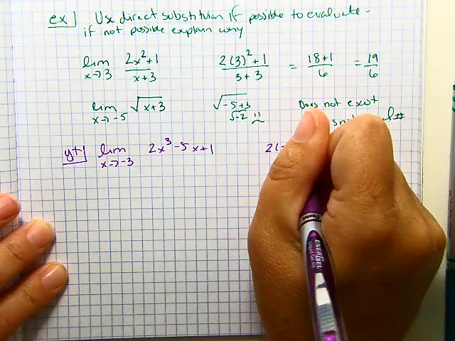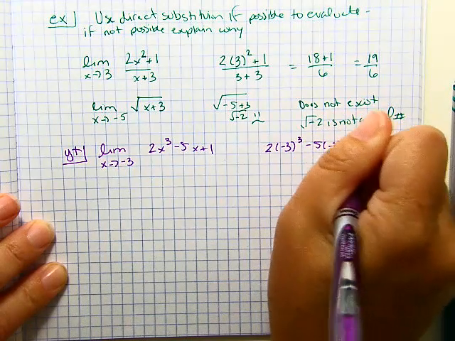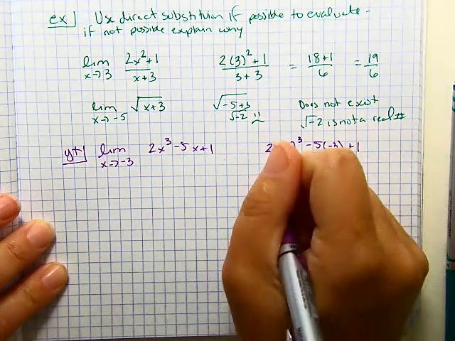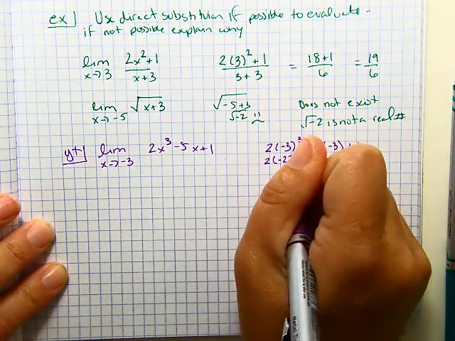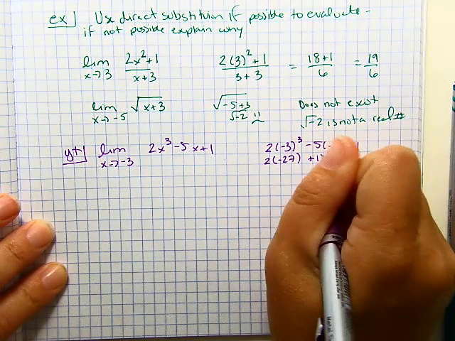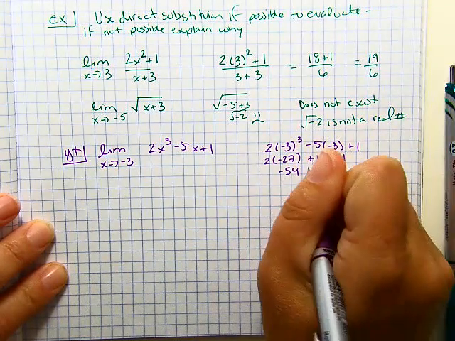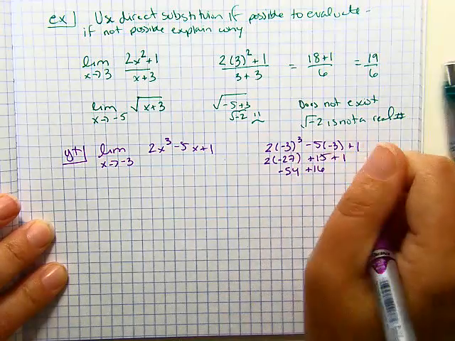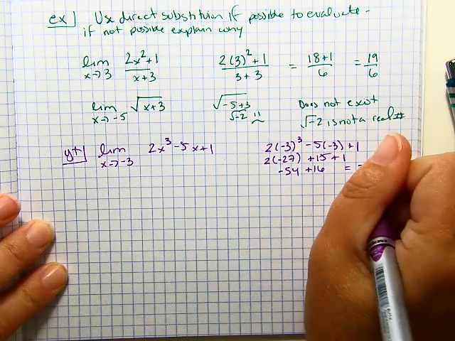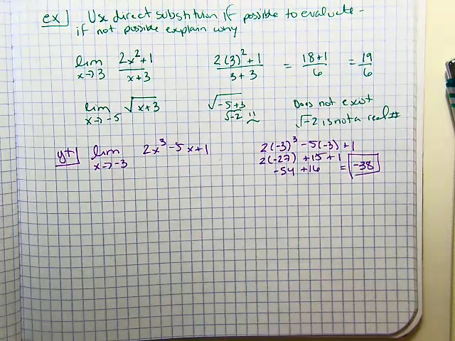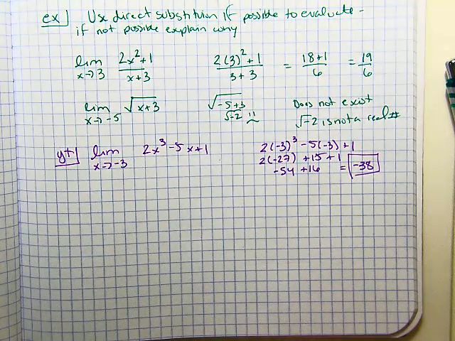Oh, I wrote cubed. Nice. -3 cubed is what? -54 plus 15 plus 1, that's -54 plus 16. I believe it's -38. There you go.